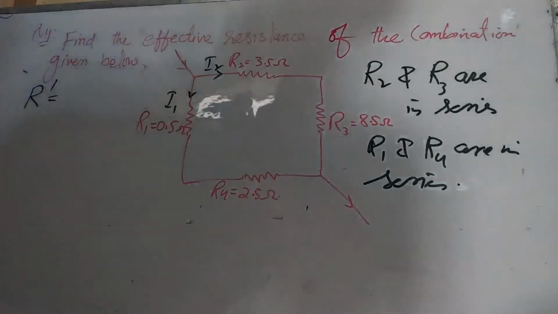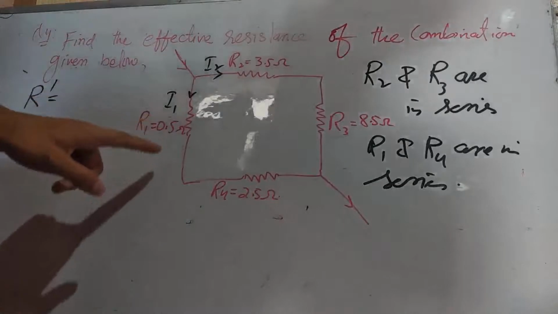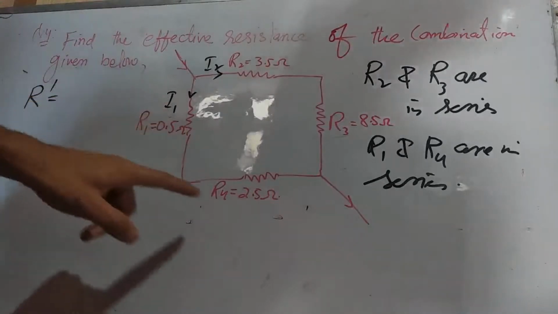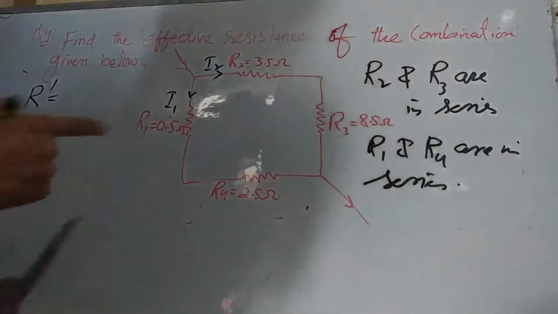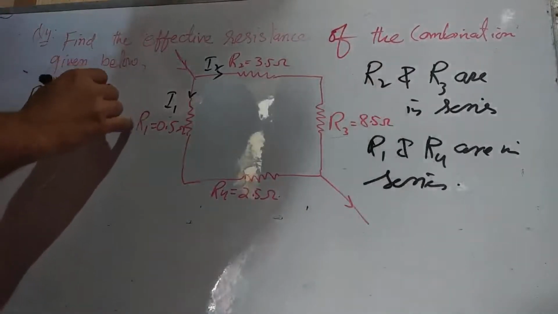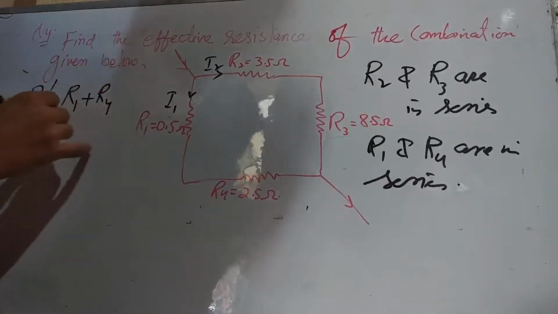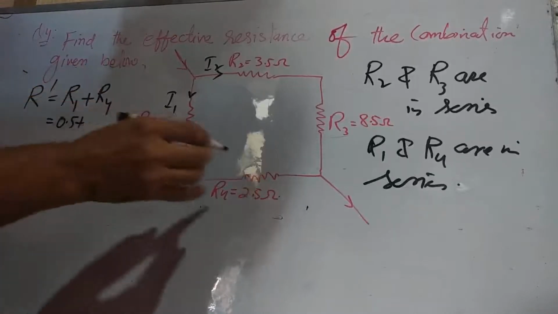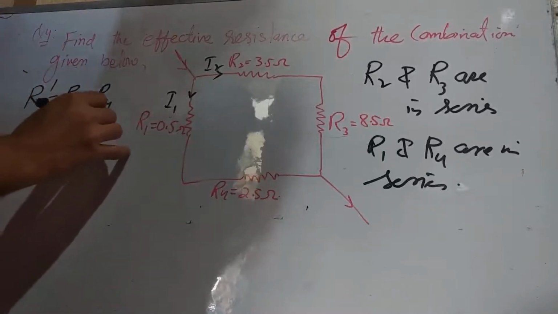If R dash is the net effective resistance of R1 and R4, then R dash is R1 plus R4, which is 0.5 plus 2.5, equal to 3 ohm.